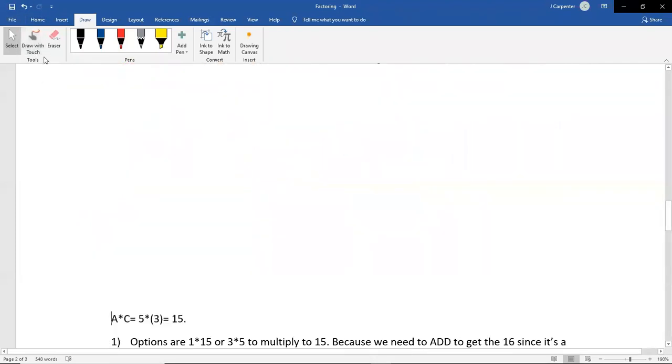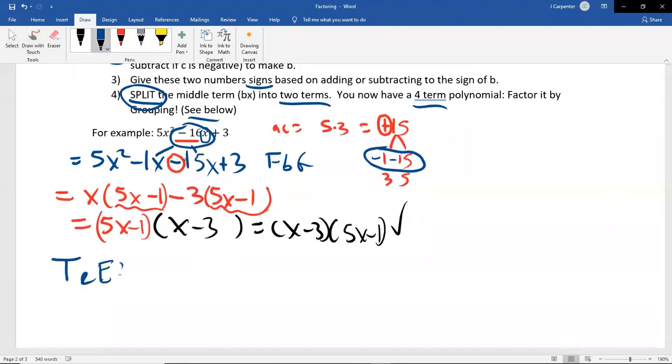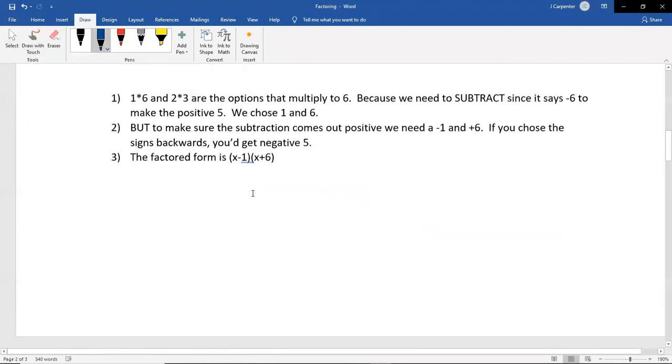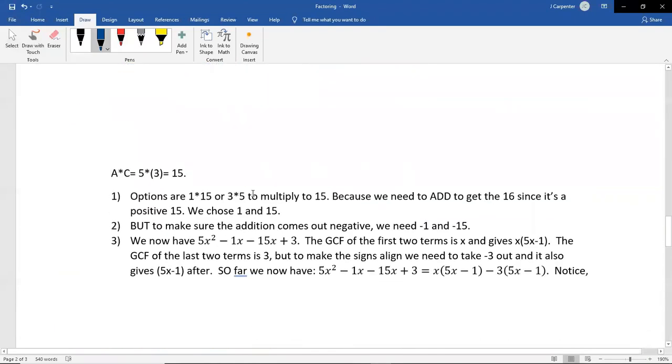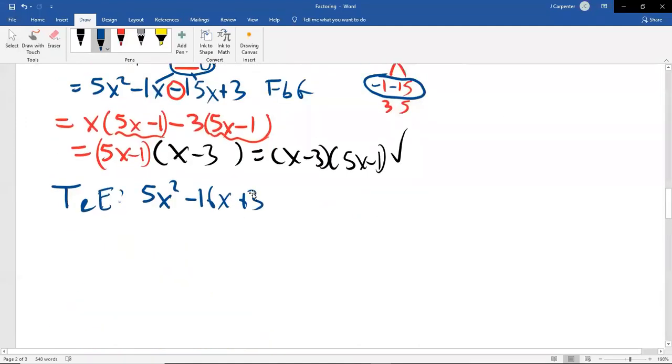And this was for 5x squared minus 16x plus 3.